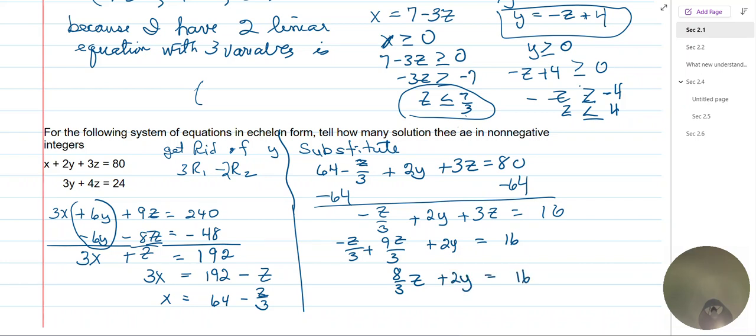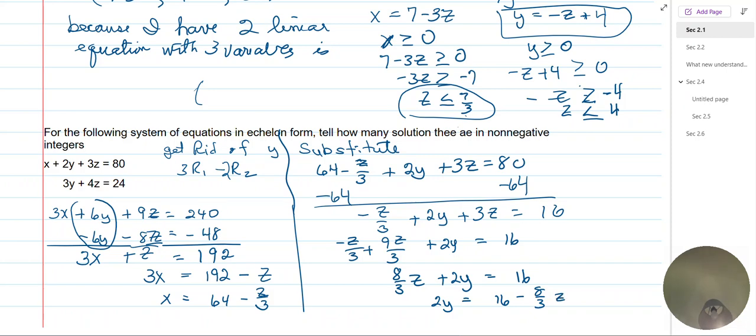All right. So now what I'm going to do is divide. Well, actually, I'm going to subtract to get the y's by itself. All right, so here I go. I'm going to say 2y equals 16 minus 8 thirds z.